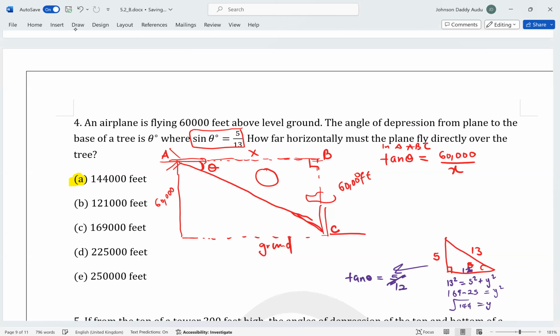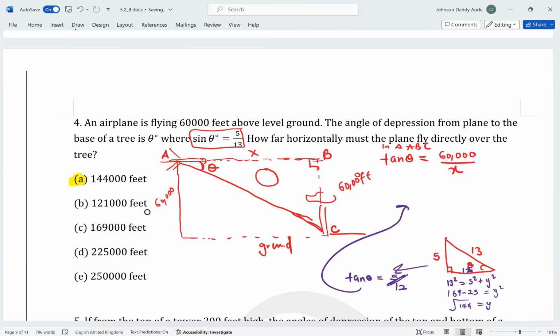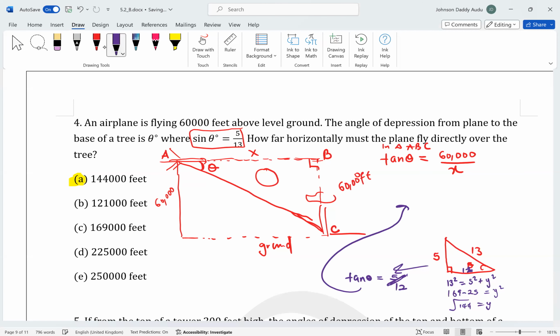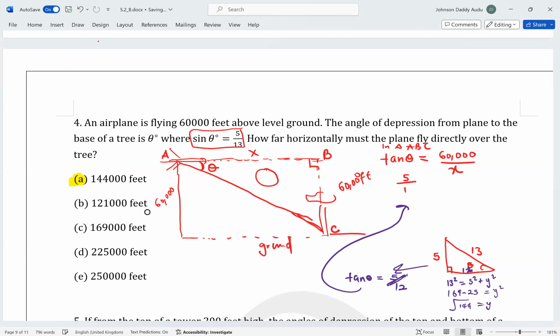All right. So once you have 5 over 12, you can go back here, and then we plug it in here. So this is going to be 5 over 12 equals 60,000 over x. And then we can find x.